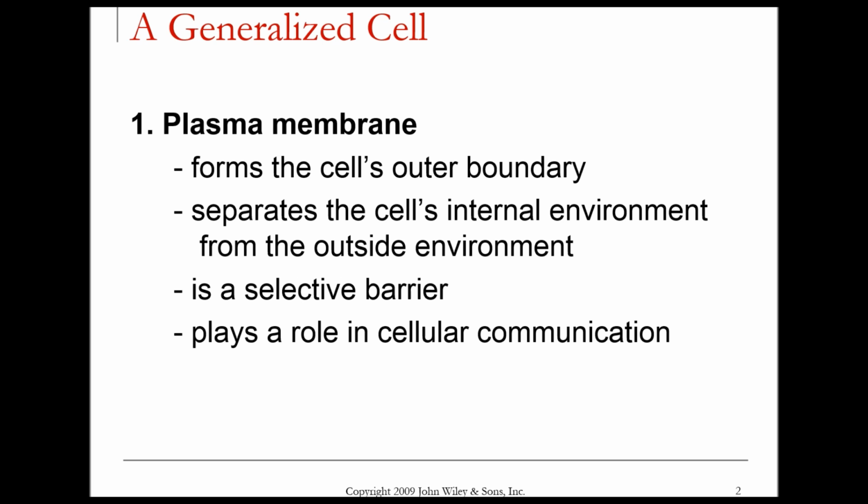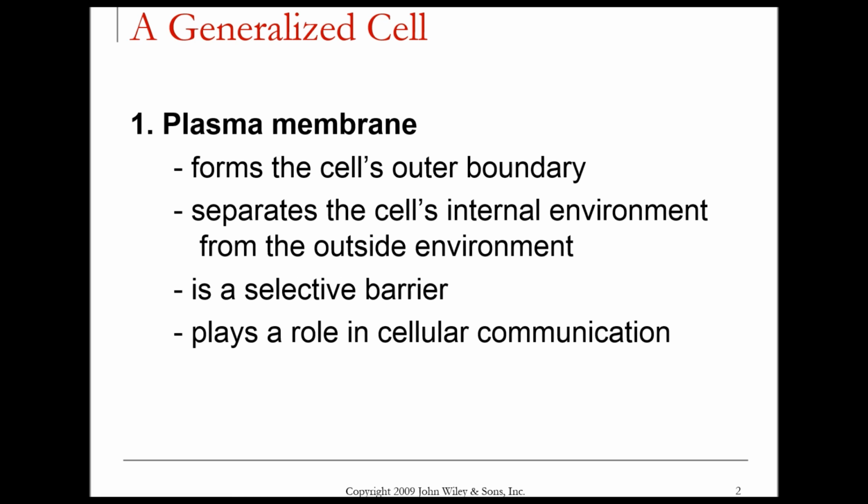It essentially separates the intracellular fluid from the interstitial fluid. Remember, the body has three fluid compartments: the intracellular fluid, the interstitial fluid, and the blood plasma. The plasma membrane will control the movement of materials from the interstitial fluid to the intracellular fluid.